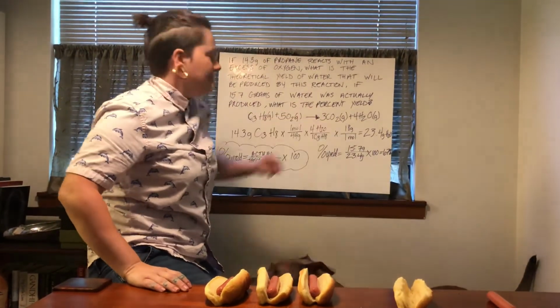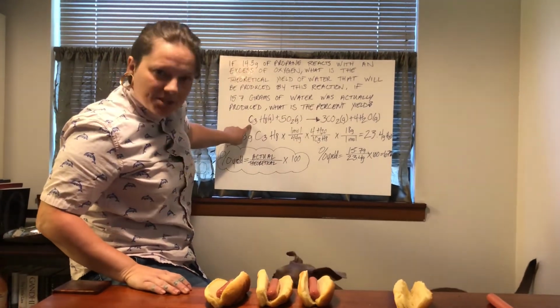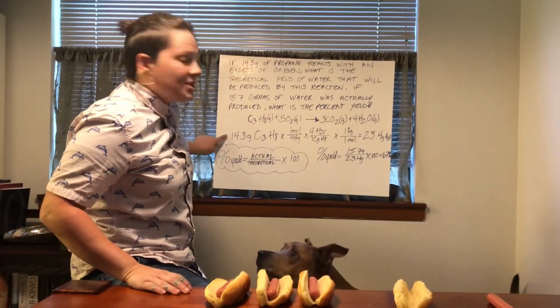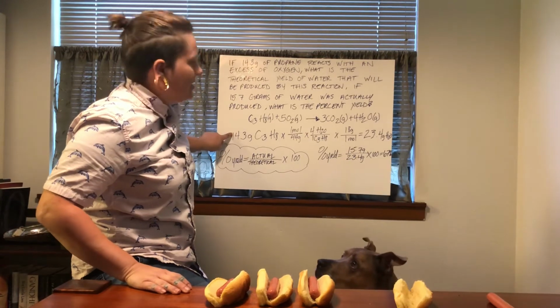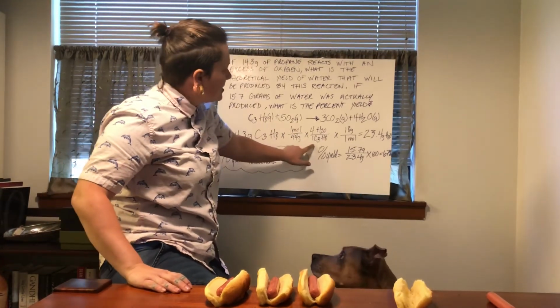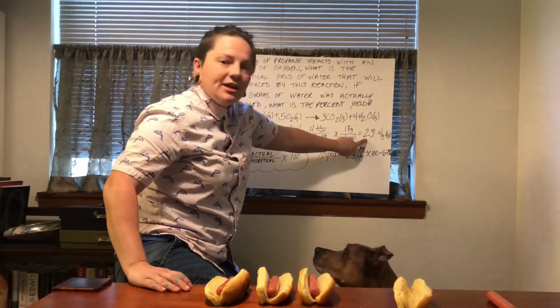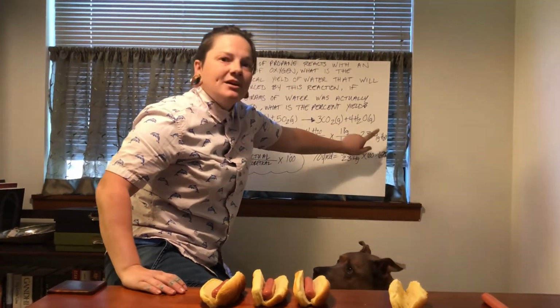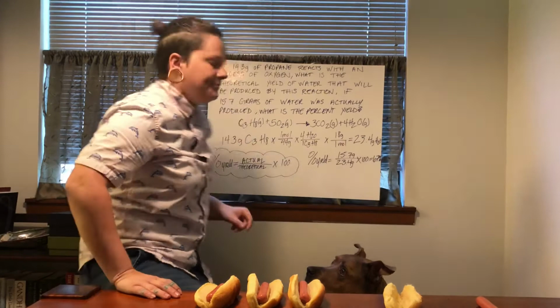What is the percent yield? So we have our balanced equation. We will use our stoichiometric ratios and solve this. And then once we solve this, you can see that we are left with 23.4 grams of H2O.